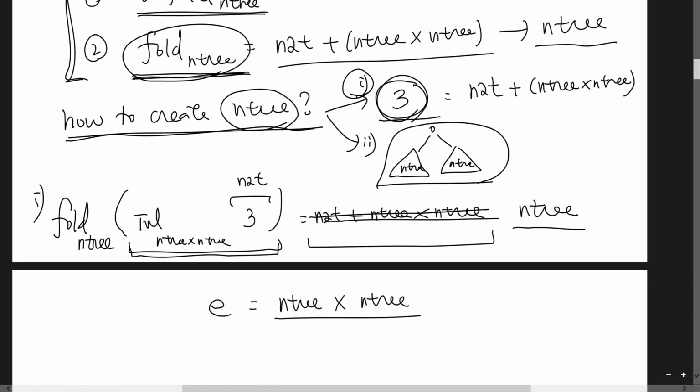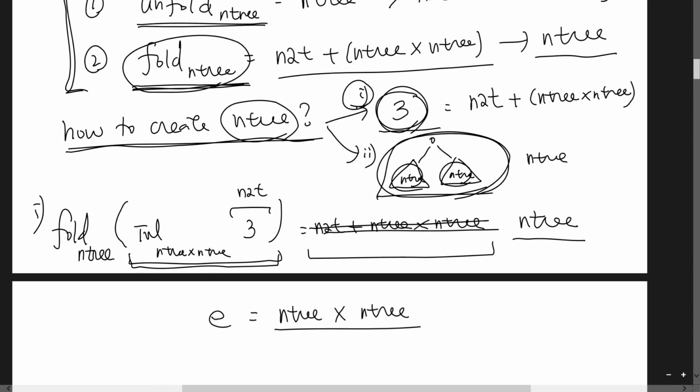Then you are ready to create a larger natural number tree. But in order to create a Nat3, you have to eventually go through this function invocation. You have to invoke this function at some point.